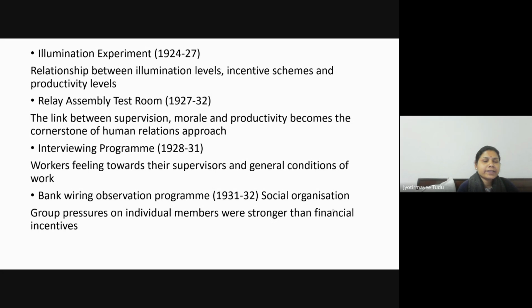They expected that by interviewing, the workers would ventilate or bring out facts which would be meaningful for the productivity of the management.